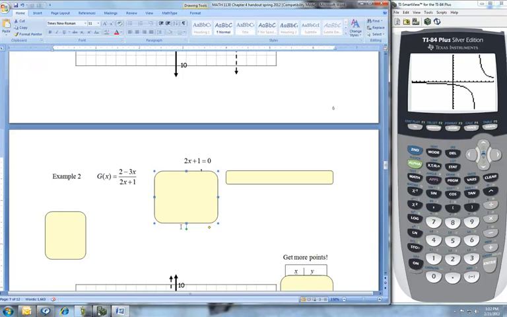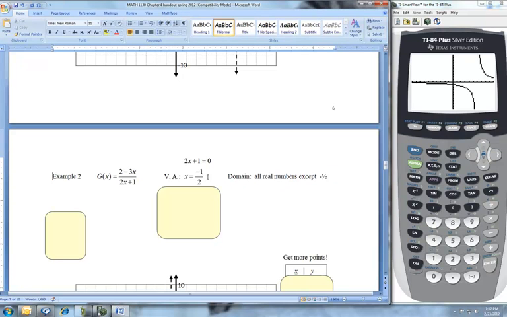So I'd be subtracting 1, divide by 2, so I'd have x equals -1/2. That's my vertical asymptote. I guess right now I could go over here and say my domain is all real numbers but -1/2.